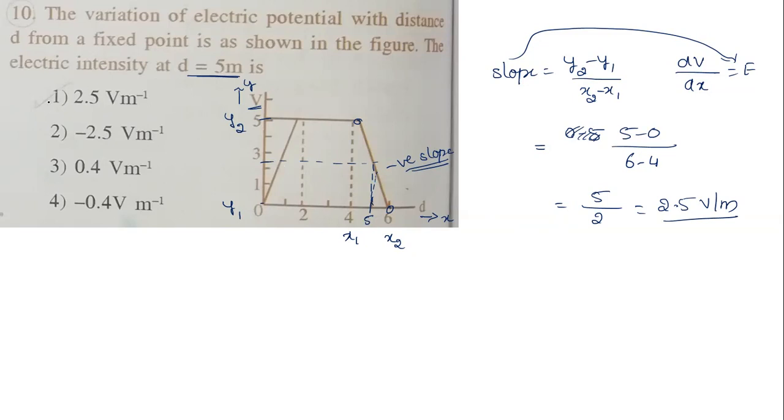Okay, 2.5 volt per meter. So this is the answer. First answer. 2.5 volt per meter, not only at 5. If they ask you some point here, you get the same thing. If you ask some point here, you get the same thing. Means from this portion to this portion, it will remain the same. Potential gradient is 2.5 volt per meter.